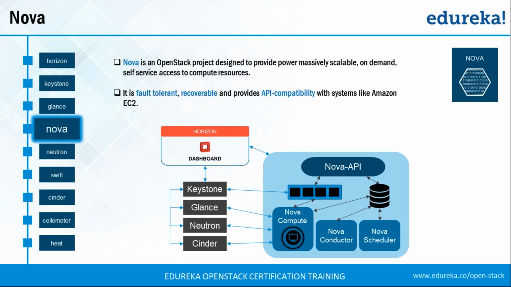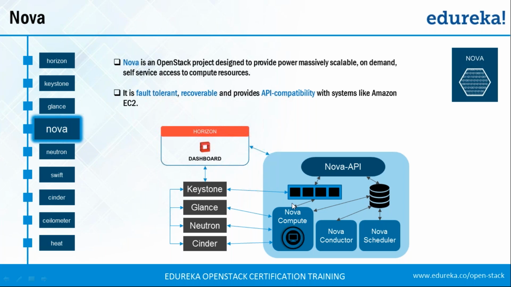So as I mentioned earlier, Nova is like the mainstay of the OpenStack Cloud. It does the heavy lifting of creating and managing the virtual machines that a user could provision on the OpenStack Cloud. So it is designed to be massively scalable, and it is designed to be distributable.